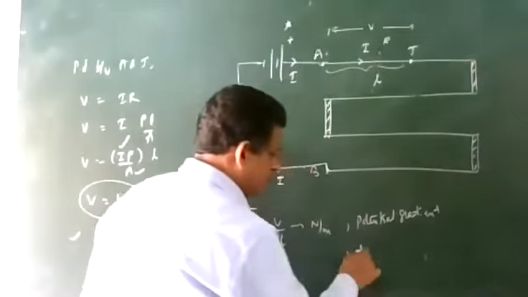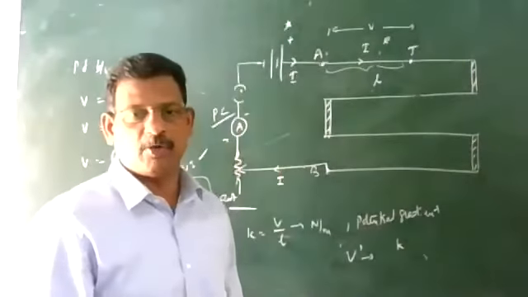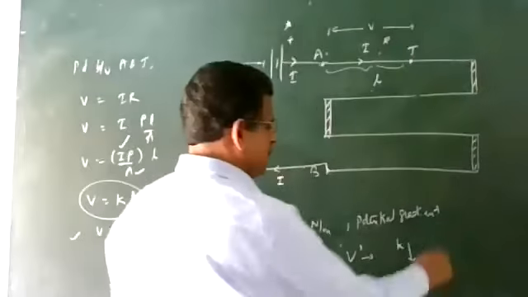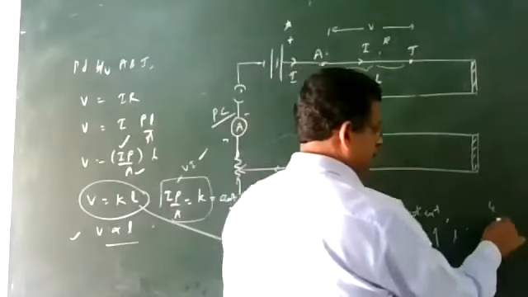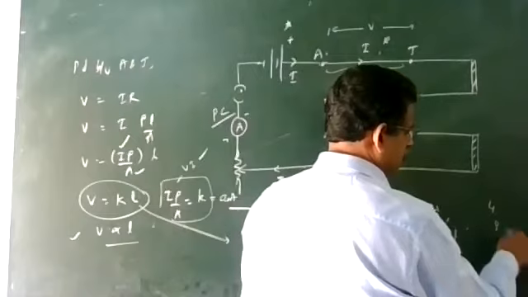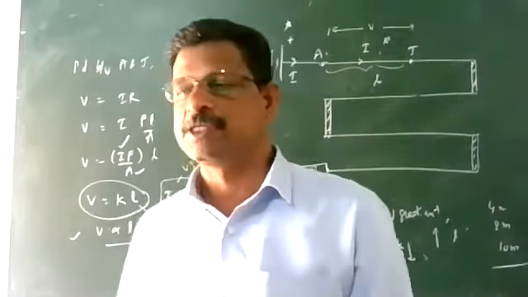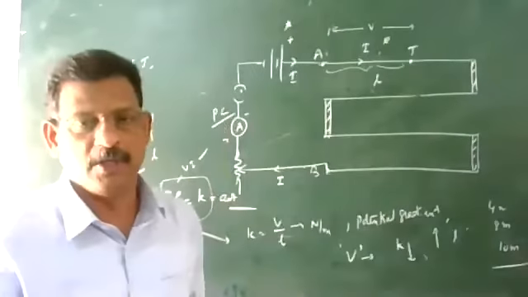For a given value of V, how can you increase the sensitivity of a potentiometer? By decreasing K, which can be done by increasing the length L. If you have a 4 meter, 8 meter and 10 meter wire, which potentiometer will be more sensitive or accurate in measuring EMF? This was a board question.